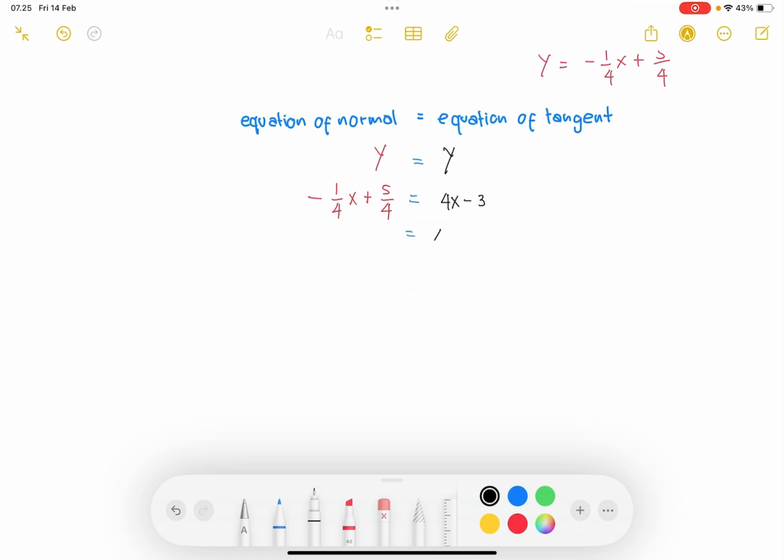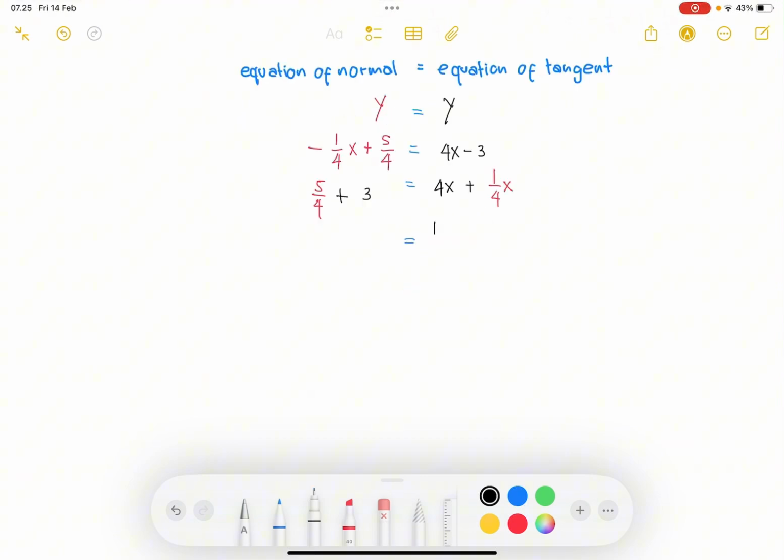Then 4x plus 1 over 4 x, and on the other side the 3 will be moved, so 5 over 4 plus 3. Then you will come up with 17 over 4 x equals 17 over 4.